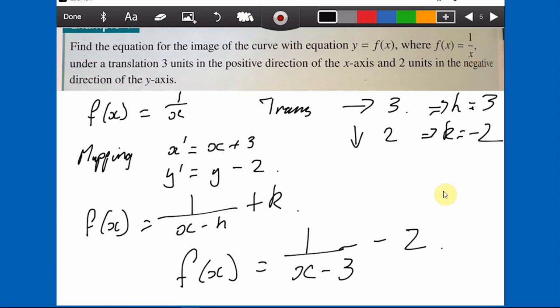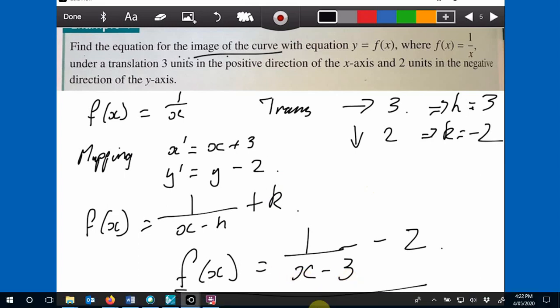And so there's our equation of our image. So find the equation for the image of the curve. And so here is our equation of our image based on how we've been doing things this year. Now there's another thing I can do with this f of x.